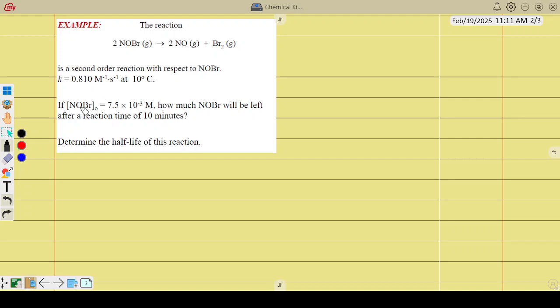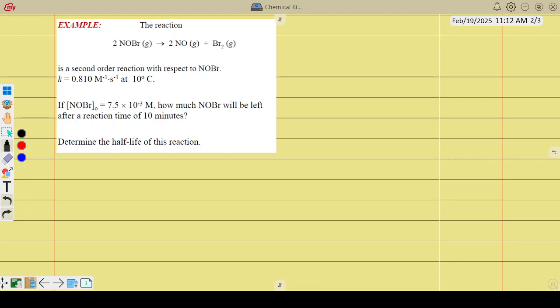If the initial concentration of nitrosyl bromide is this, how much nitrosyl bromide will be left after a reaction of 10 minutes? Here they've given us the rate constant in seconds, and they've given us minutes, so we have to convert 10 minutes to seconds. You will help me convert 10 minutes to seconds.